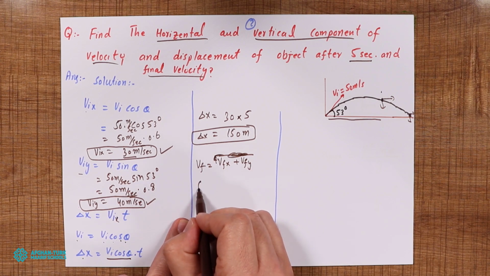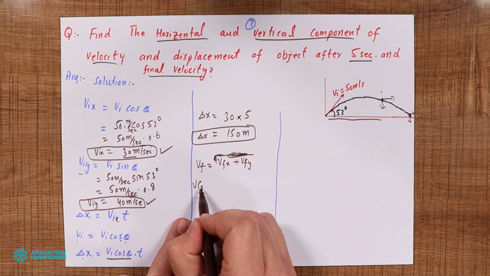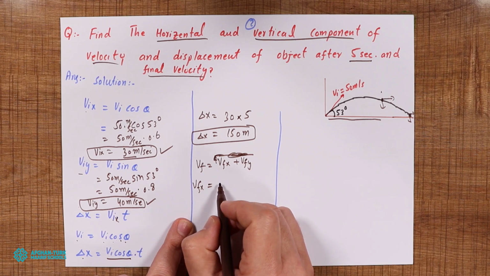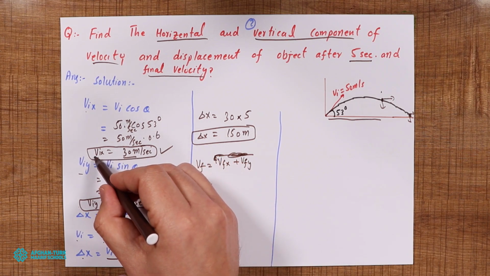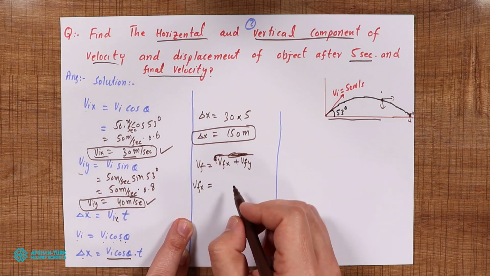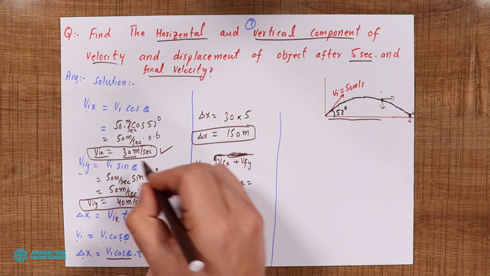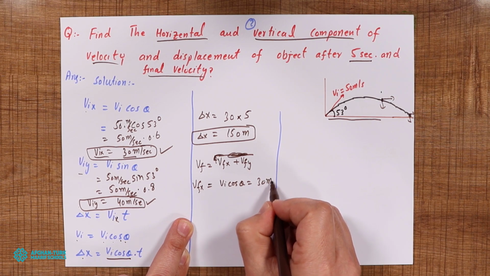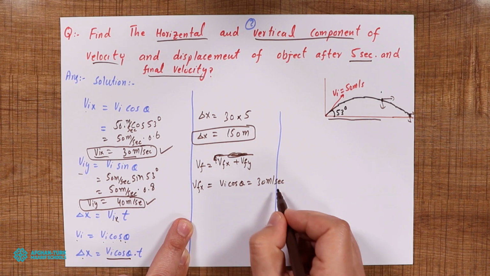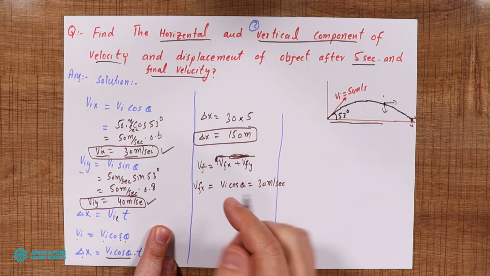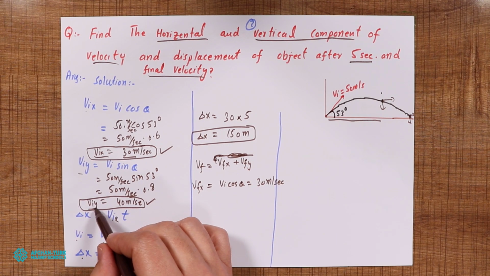So v of fx, as in the previous question also, is equal to the horizontal component, which is vi cosine theta, equal to 30 meter per second. This is very simple, but the vfy component is a little different, it is not exactly equal to this one.